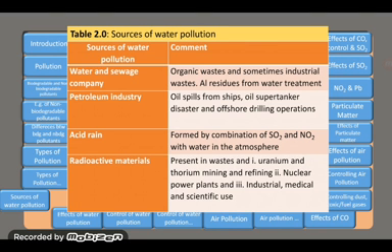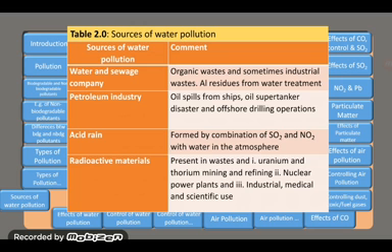Then another source of water pollution is radioactive materials, which may be present in waste and in radioactive isotopes like uranium and thorium during their mining and refining. Some nuclear power plants used in generating electricity can discharge radioactive pollutants which can contaminate water. Then there is industrial, medical and scientific use.